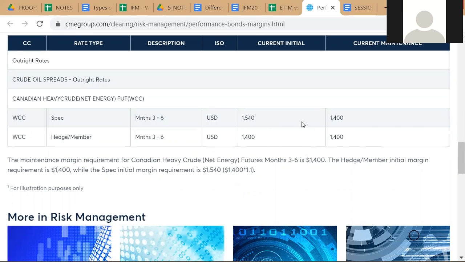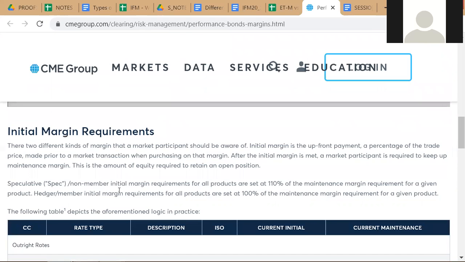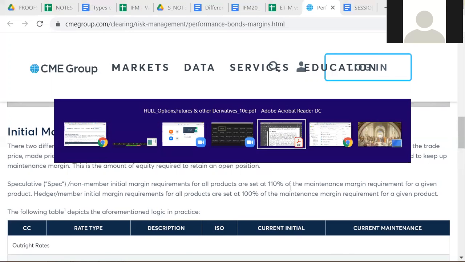There you can see the difference between the IM and the maintenance. You can see this 1540 and 1400, and these guys are also telling you that there is a formula that they have. Okay, they set the initial margin, the IM is 110% of the maintenance margin. Okay, so the formula that they have. So the point is basically there'll be two of these trigger levels set for each product. Every product that you do will have two of these levels.